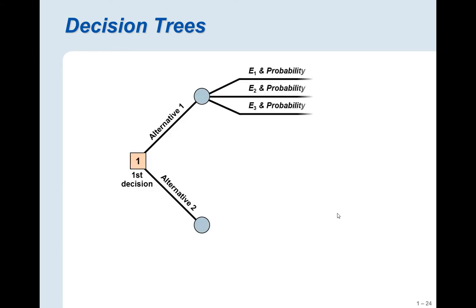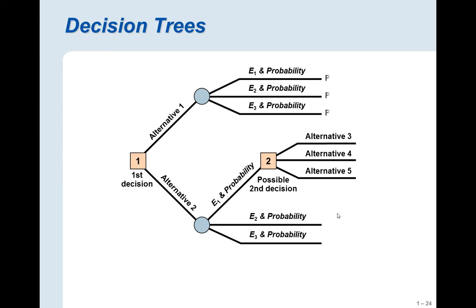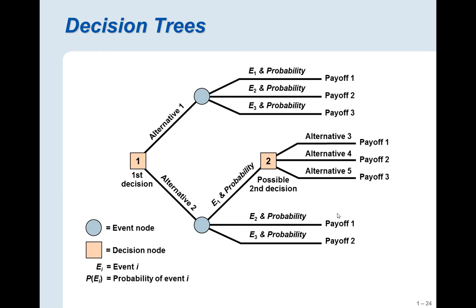These are the rules of a decision tree. A decision node, which is represented by the square, will be followed by the alternatives. Each decision will raise only one alternative. Whether you pick the higher payoff or the lower payoff depends on the type of decision you make.